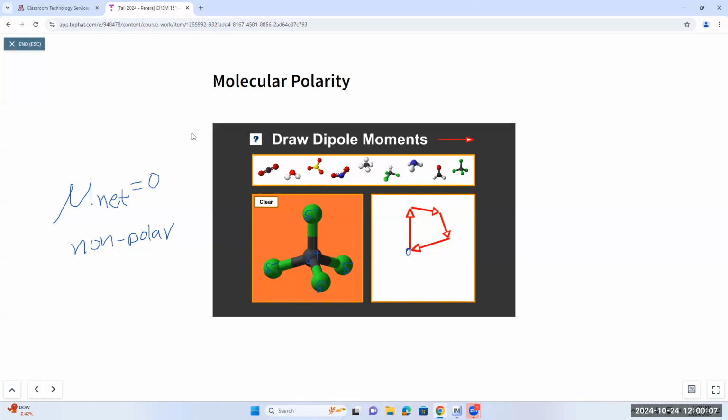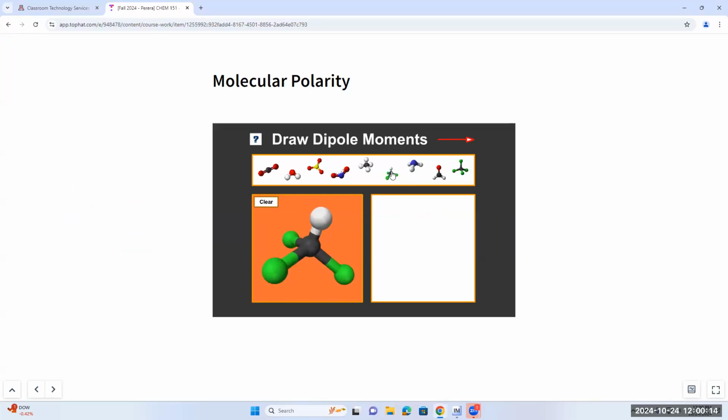I'll even show you the net dipole moment of one of them. I'm going to clear this. Here's CHF3. If you draw the bond dipole moments, we have 1, 2, 3 dipole moments going towards the fluorines downwards. Between carbon and hydrogen, carbon is more negative, so that dipole moment goes towards carbon.